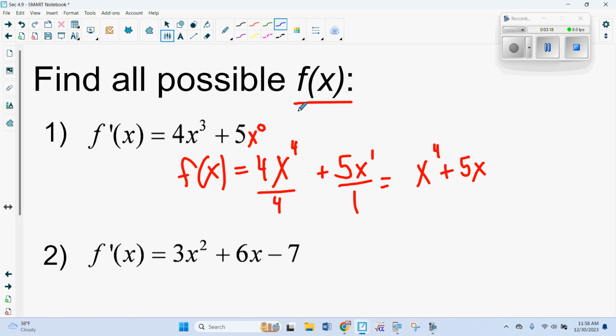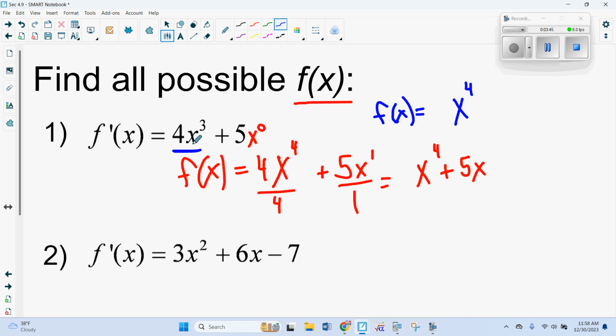Now, another way of doing this, I'll just write this up here. Another way of doing this would be, let's find our function. To think about this, we add 1 to the cube, which would be x to the 4th. And then we think about, what do I need to put in front so that when I take the derivative of this, I end up with what I have here.